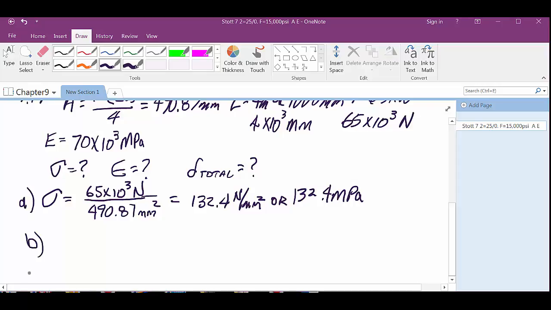B, what are we looking at there? We're trying to find the strain. Well, let's see, for strain, what are we using for the equation? Stress over the modulus, it looks like. So the strain is a lowercase epsilon and the modulus is an uppercase E, right?